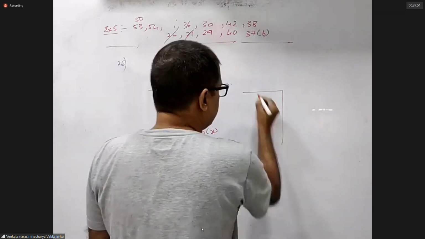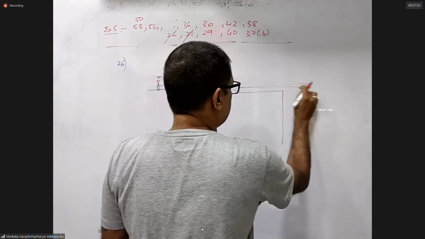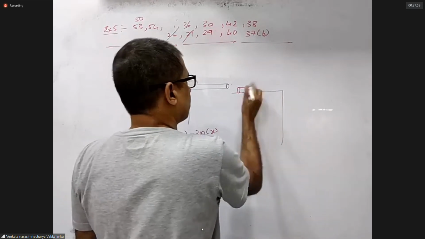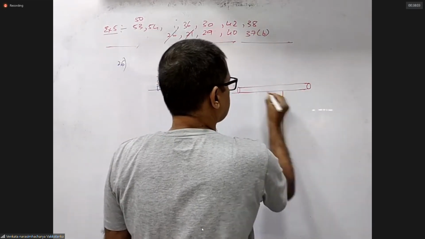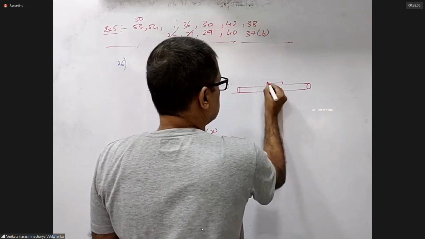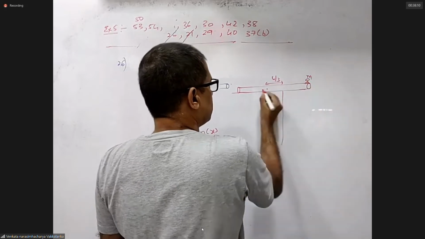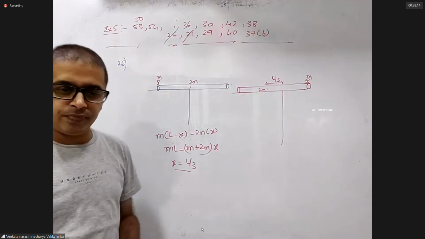Now I will redraw the diagram. Observe this. The straw moved back by L by 3, so this distance is L by 3. When the insect is here, this is m, this is 2m. Now this is the new situation of the problem.